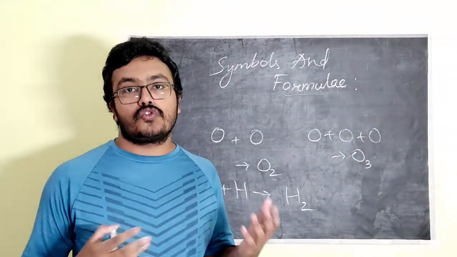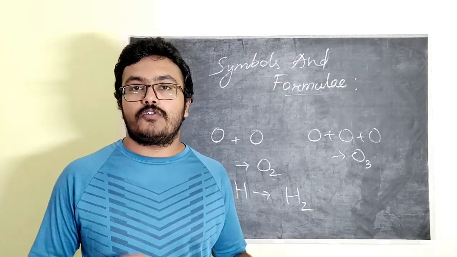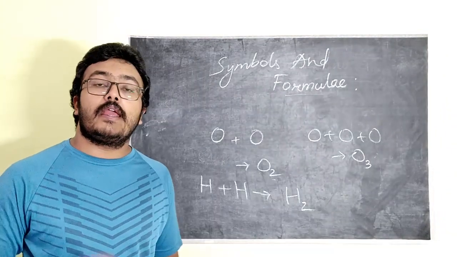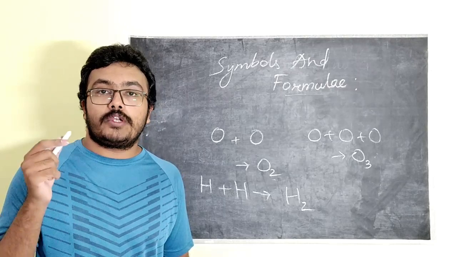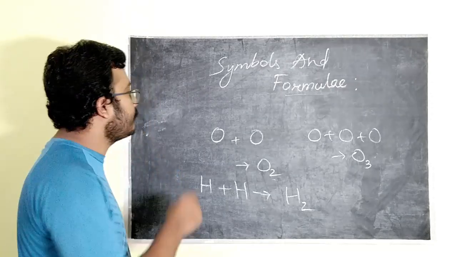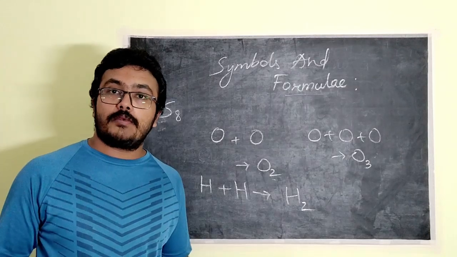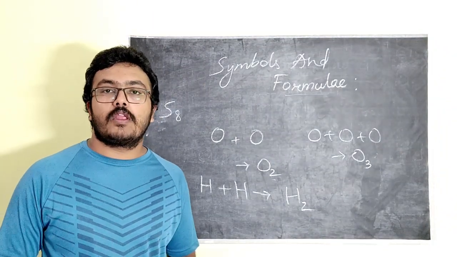This is called ozone, which is protecting our earth from harmful rays, which you have studied. Similarly, 8 atoms of sulfur form together to denote solid sulfur, S8. Therefore, such combinations of similar atoms are called molecules.